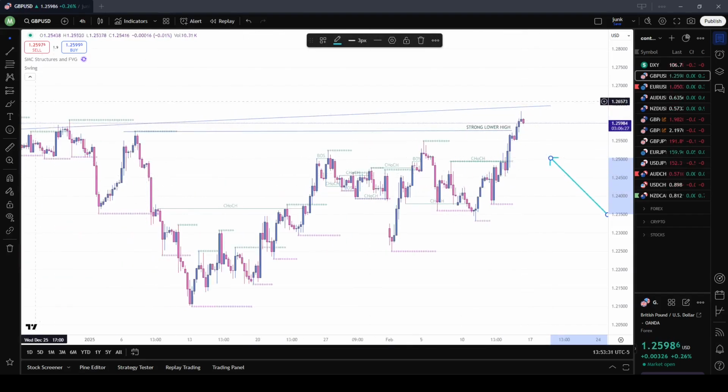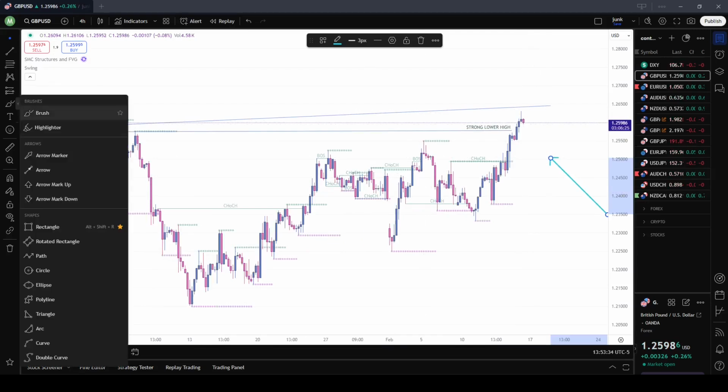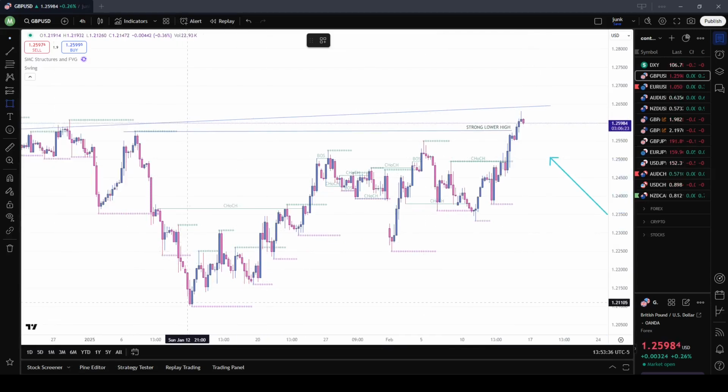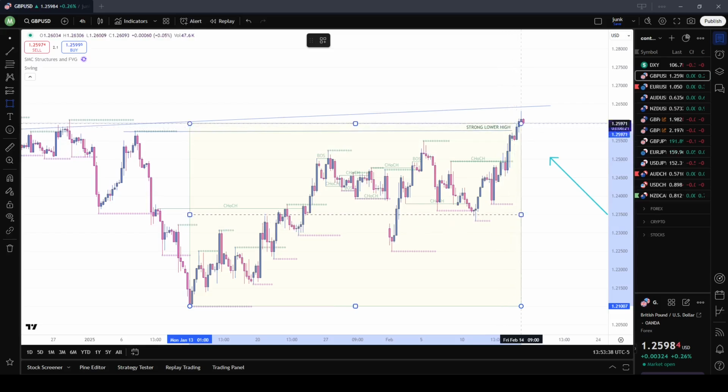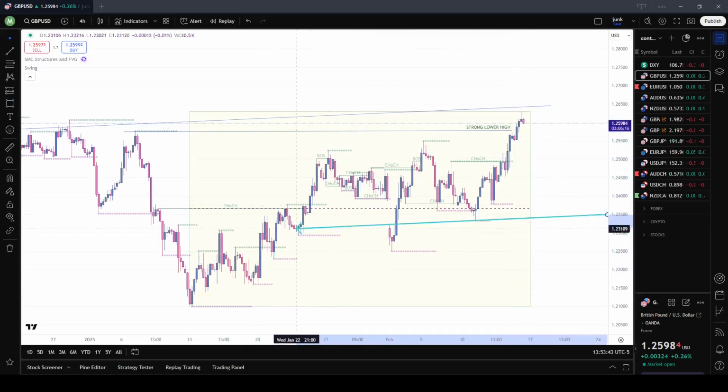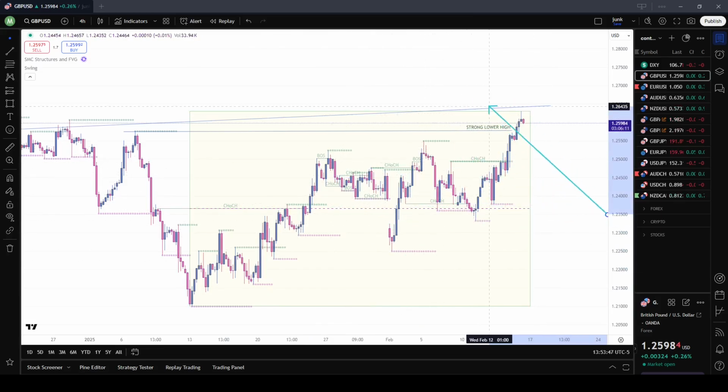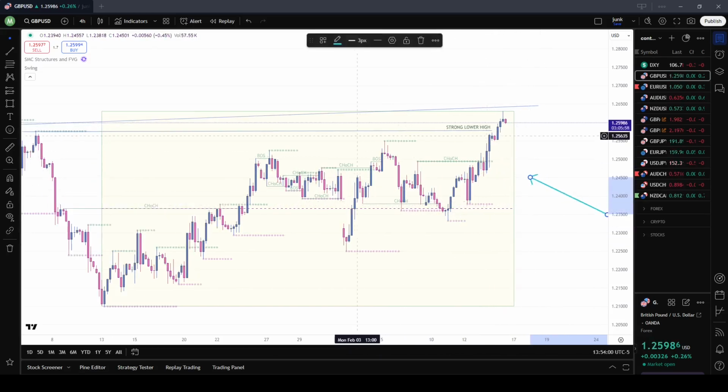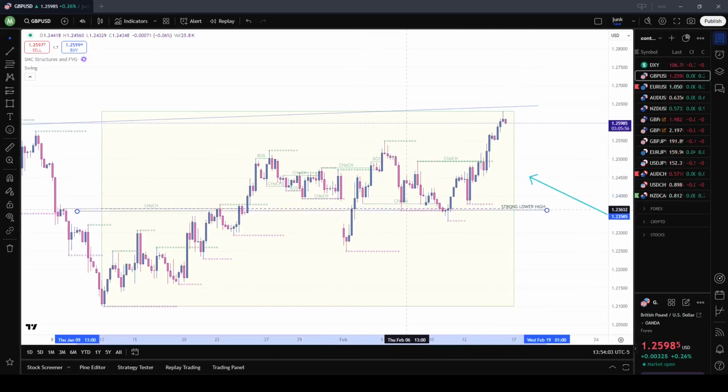So let's go ahead and map out the current range that GBP USD is in. This is the low, and now this is the high. This is all bullish internal structure, but now that the internal liquidity targeted the outside liquidity and has broken past this higher low, it made a change of character.